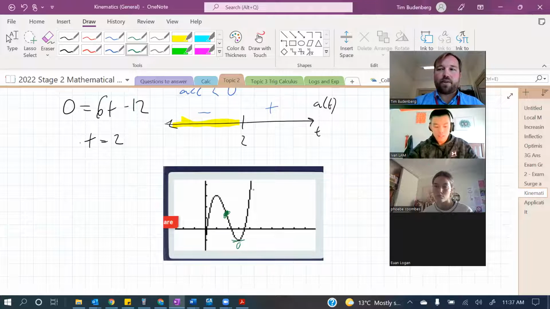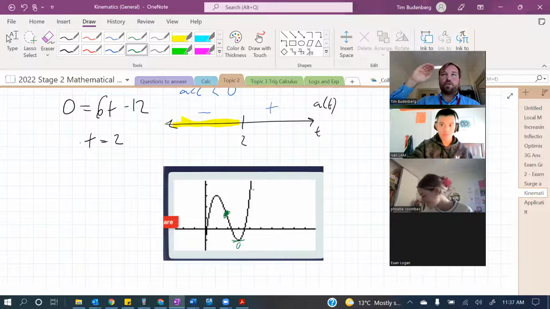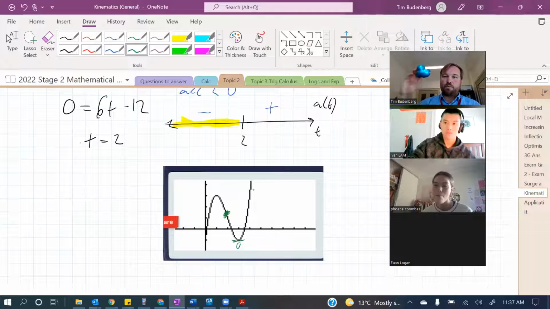So another way to think about it, especially for those who are more comfortable with the science, is the acceleration due to gravity is pretty constant. If I take my little rubber ducky and throw it up in the air, there will be a point in the air where it stops moving. It will fly up to a point, stop, and come down.